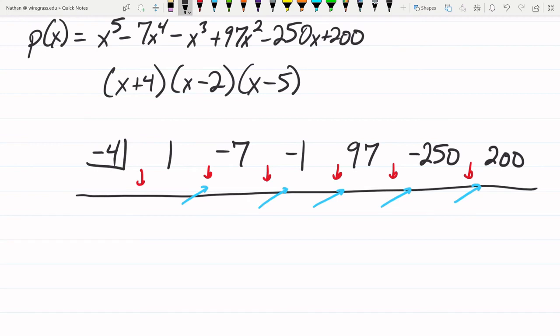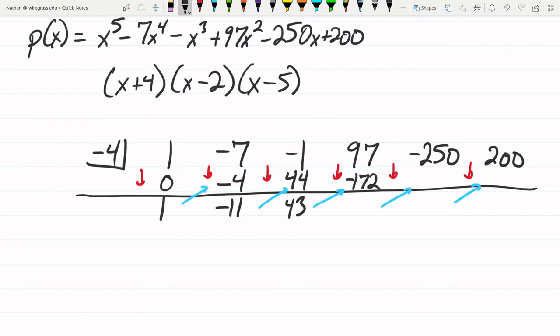So add going straight down, there's nothing written in the first spot, so we just write a 1. Then 1 times -4 is -4. Add going down gives us -11. -11 times -4 is positive 44. Add going down will be 44 minus 1. And multiplying going across, let's actually use a calculator here. 43 times -4 is -172.